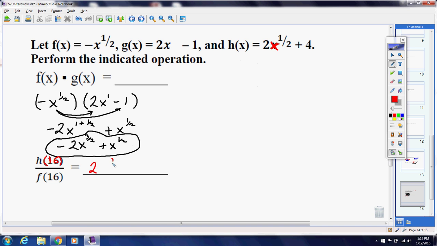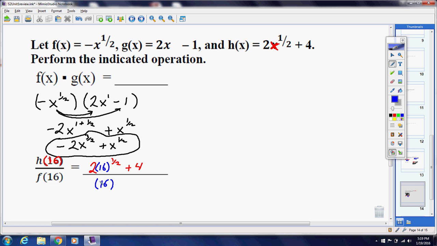And I'm not going to mess with the 2, the 1/2, or the plus 4. But I am going to substitute in this 16, and I'm going to put it in parentheses. On the bottom, I'm going to substitute in a 16 for the f function.